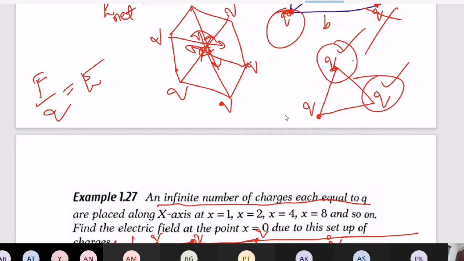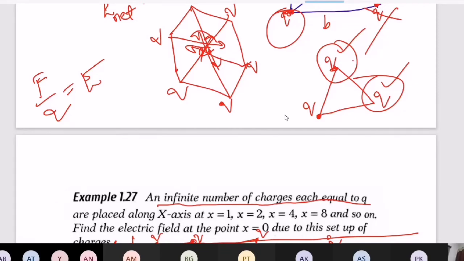So if you can find the resultant electrostatic force on any charge placed at a point, and you divide that force by whatever charge is there, then you will get the resultant electric field. That's why you should practice as many questions as possible based on resultant electric force and resultant electric field due to a system of point charges.